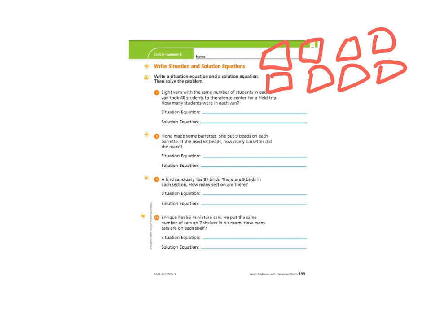But what we do know is that 40 kids went on this field trip. So how many students were in each van? So my situation equation on this one would be 8 times what we don't know, we'll call S for students, equals 40. Now my solution equation, for some of you, that almost looks like a 5, sorry.